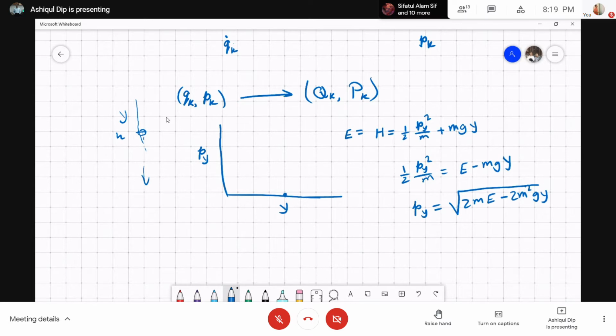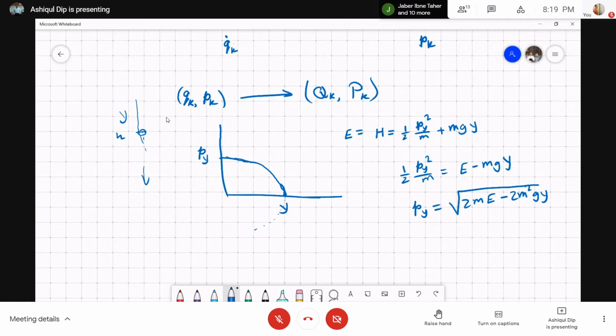The curve. It will start from here because the initial condition says so, and it goes like a square root curve, right? Like that. Also, it has another branch like this one because it could be plus or minus.